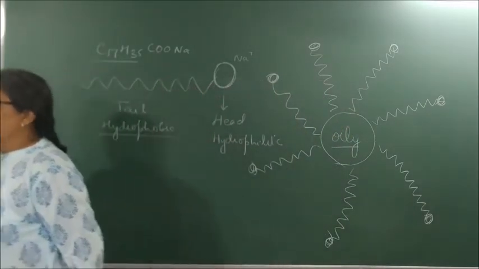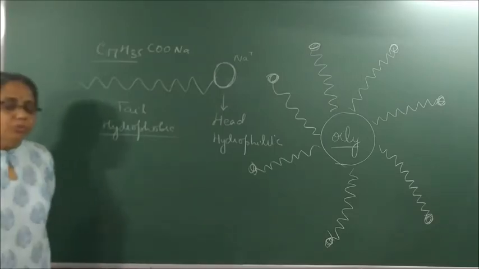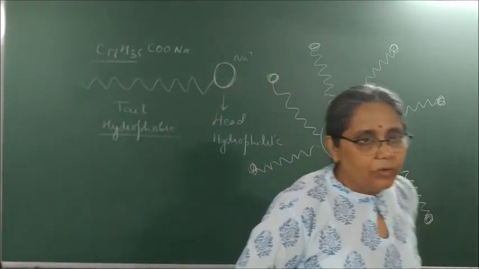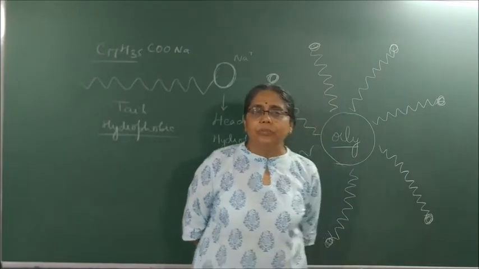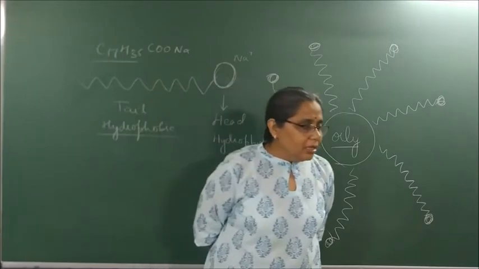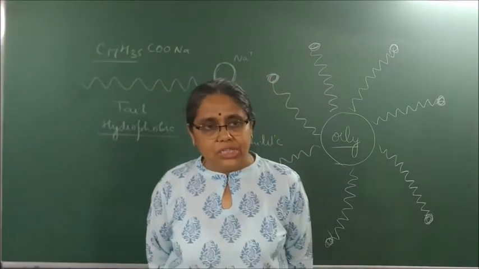Simple salts. Now what we have to study next is double salts. What are double salts? When two or more simple salts are present with their water of crystallization. What are the three examples of double salt we learned? Carnallite. What is carnallite? KCl, MgCl2, dot 6H2O.